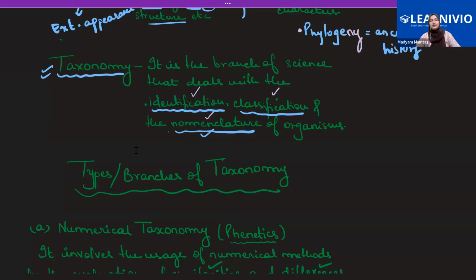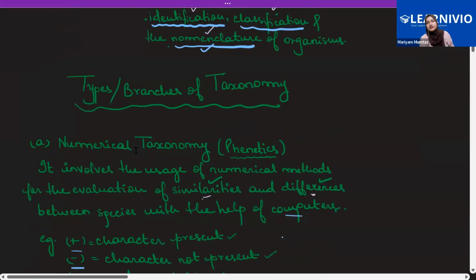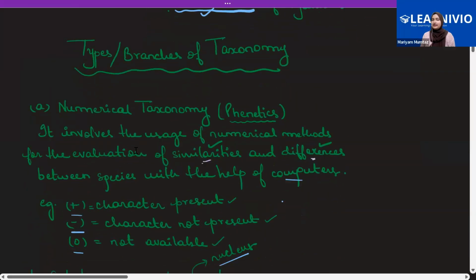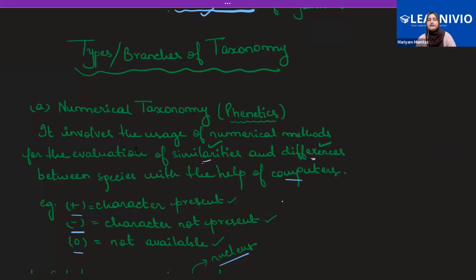Now see, this taxonomy has several different branches. It is used in many types and in many fields. The first branch is numerical taxonomy, which is commonly known as phenetics. Here we utilize plus and minus: if the character is present, we put a plus, and if the character is not present, we put a minus.